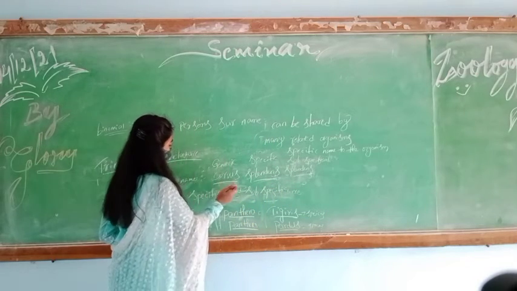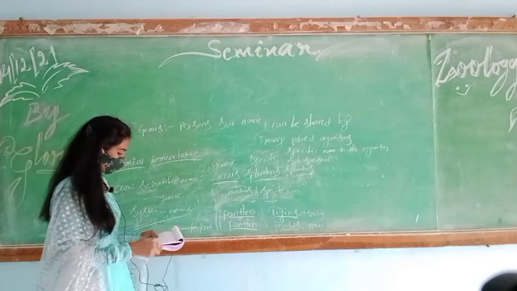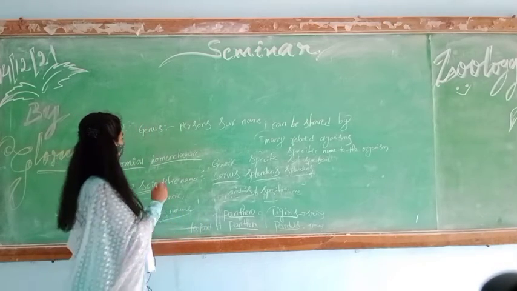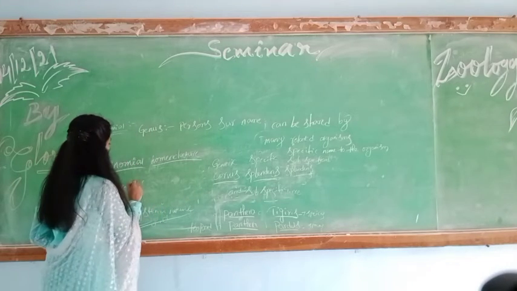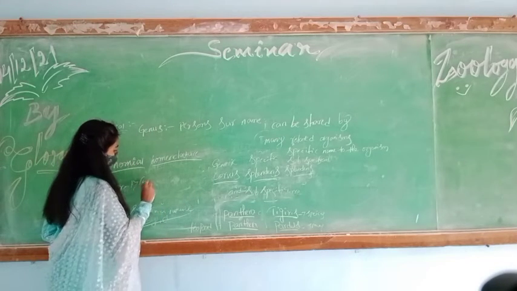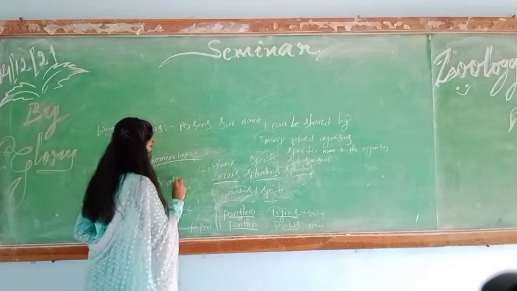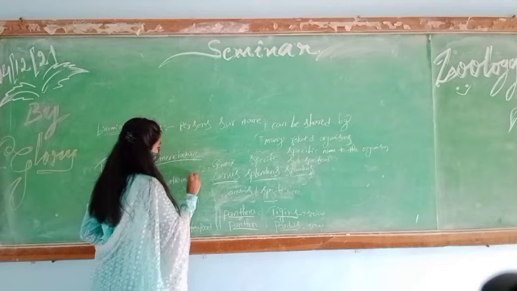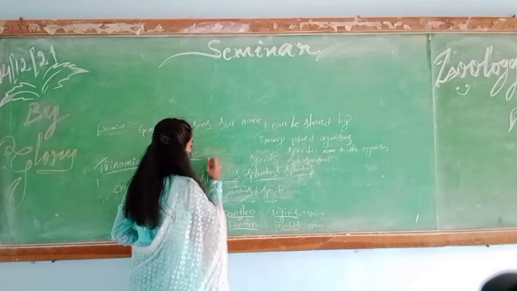With this example, the rules for all nomenclature, and also binomial nomenclature, are as follows. The first rule is that the generic name, that means genus, always starts with a capital letter.